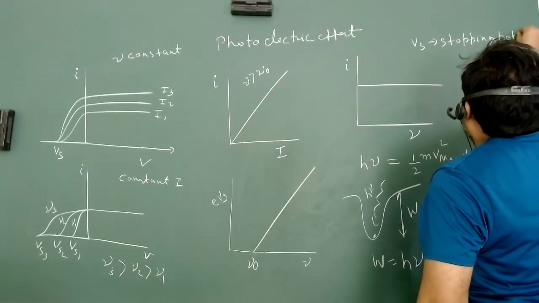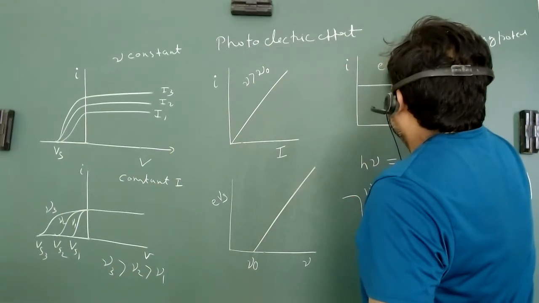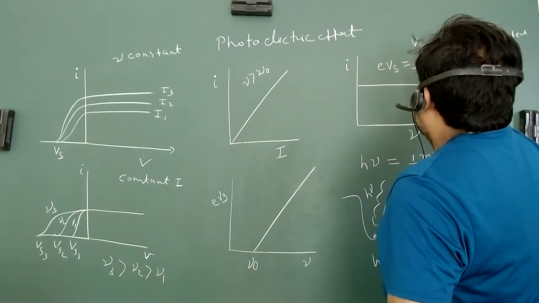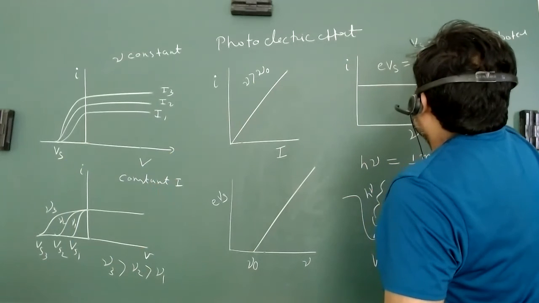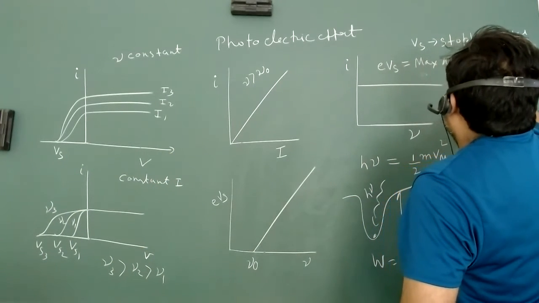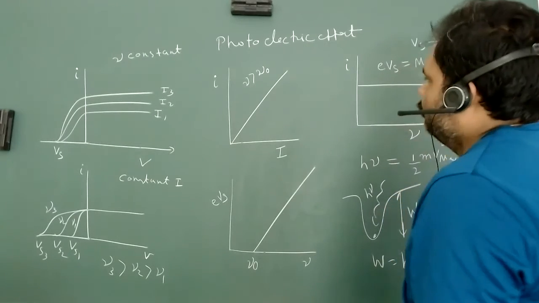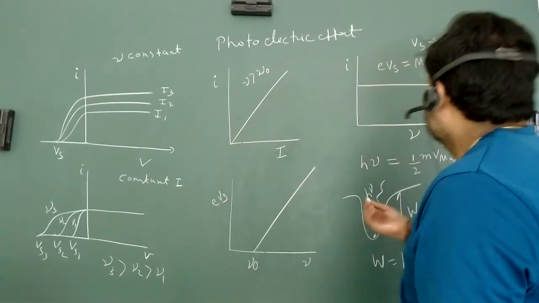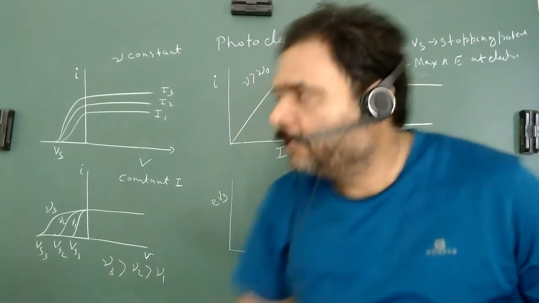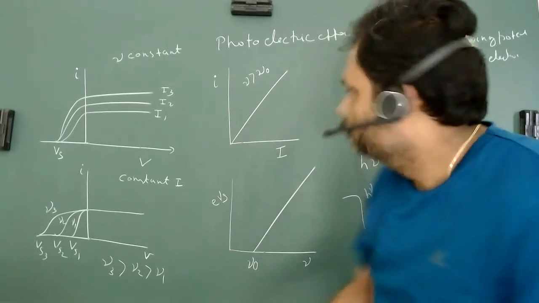So Vs is the stopping potential, and e Vs is the energy of the maximum kinetic energy electron. So this will be the maximum kinetic energy of the electron. So this is e Vs, and h nu is the energy of a photon. I am writing each and everything here, only that this is not so important, so I am just using this space.